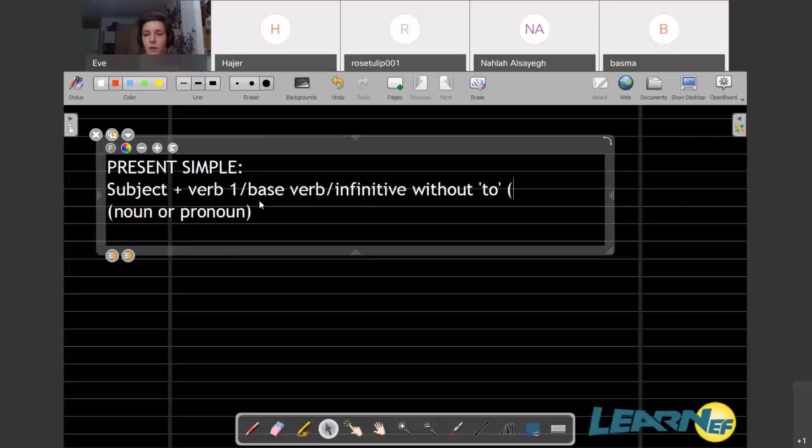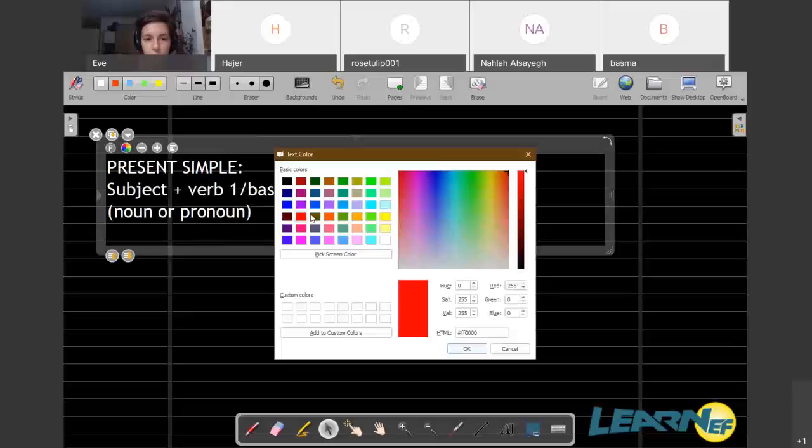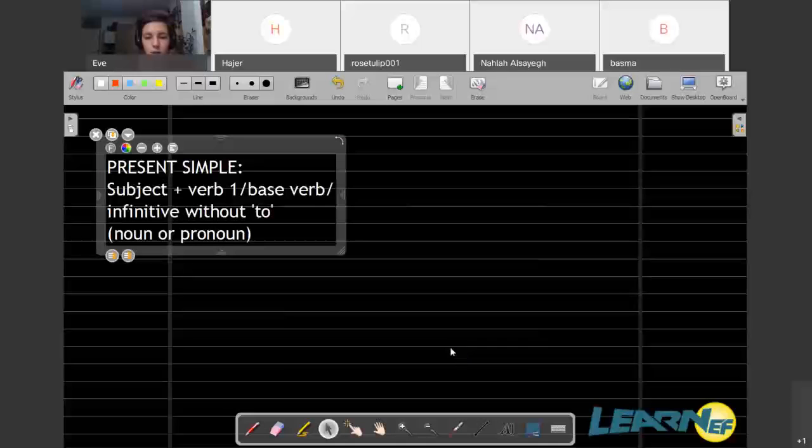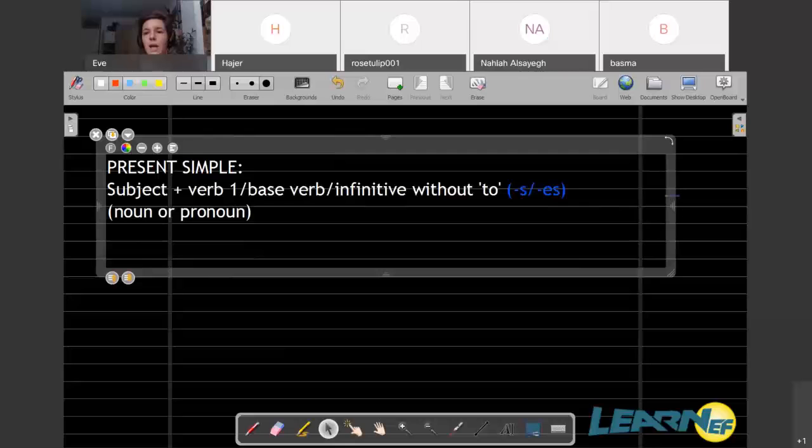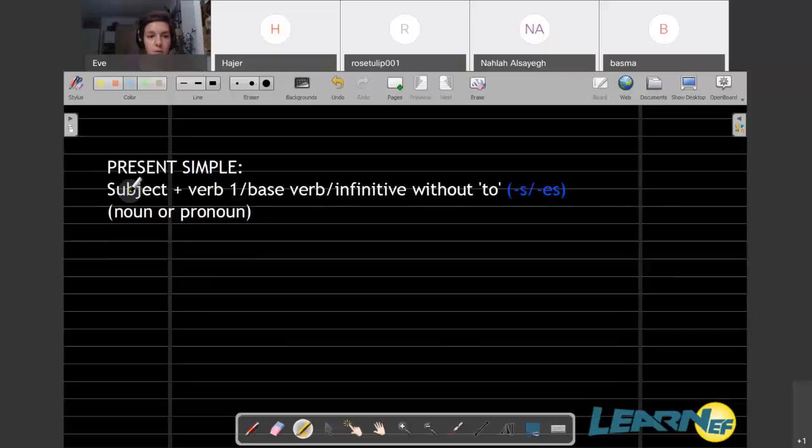Sometimes, however, and we will see in which cases, this verb one gets an S in the end. Okay, I'm going to put it in blue because it's only in the cases when the subject is he, she, or it. But the basic is you have just a subject and one verb.